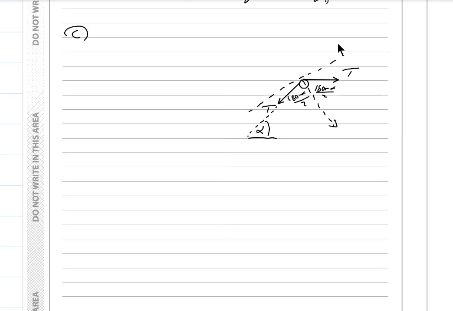Then we will resolve T in this direction and in this direction, and also this T will be resolved in this direction and in this direction. The components which are here will cancel each other, and we will add T cosine of (180 minus alpha) divided by 2.